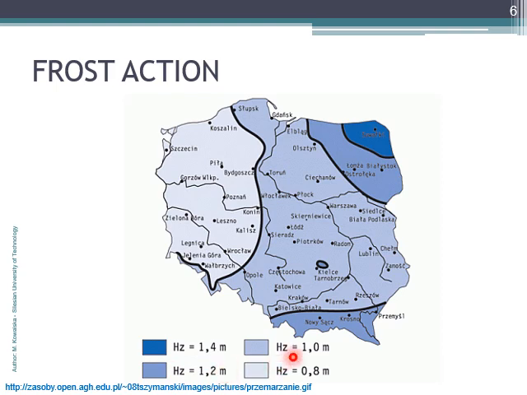Or no, sorry, 1 meter. Okay, it is 1 meter. So it means that if in the first zone in the subsoil you have a soil that is frost susceptible, then you have to take the frost penetration depth into consideration. And the best would be if you designed the level of your foundation below this depth. Okay.